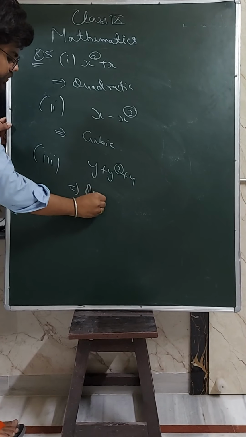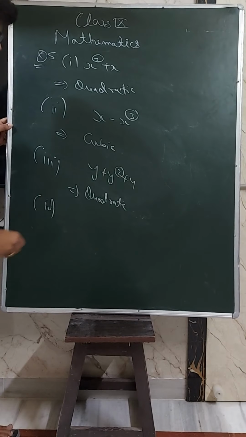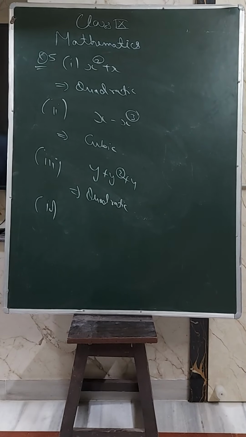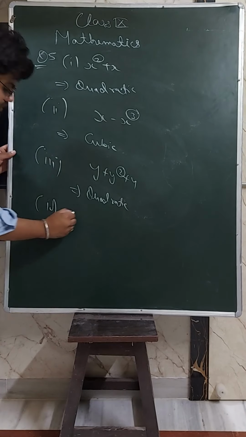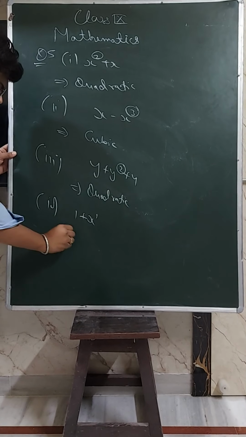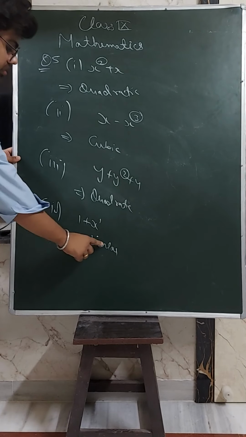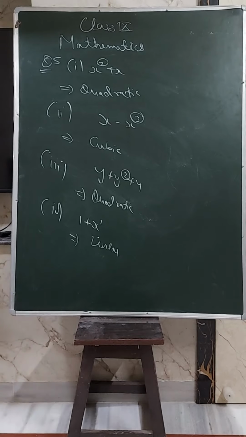So it is a quadratic. Fourth one is 1 plus x. So x power 1. Only one power is there. So it is linear. So all these examples, quadratic, cubic, linear, I have already told.